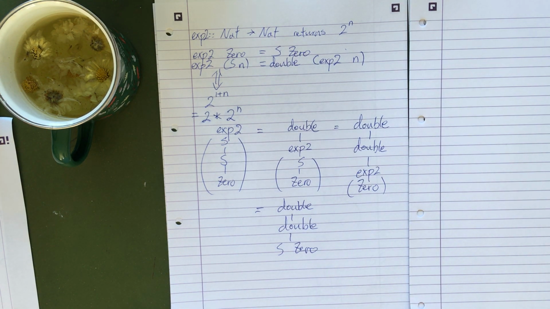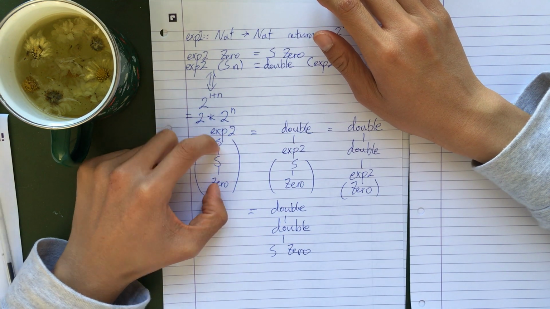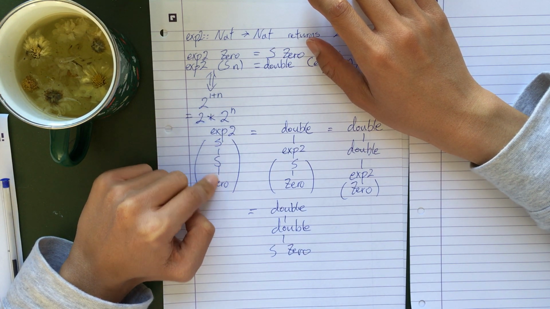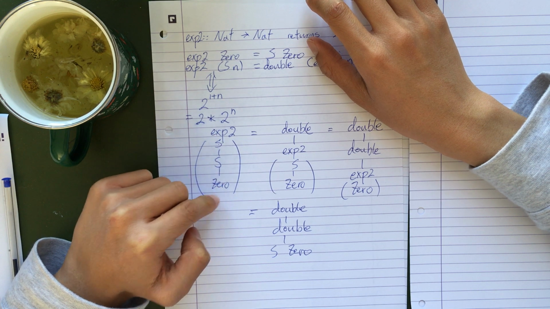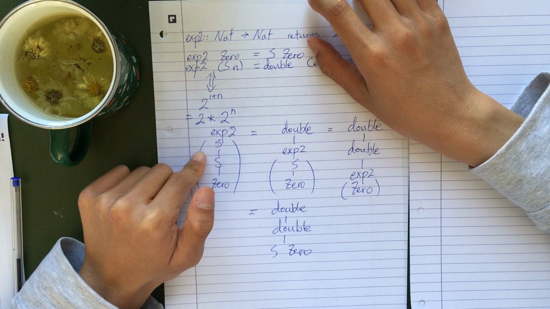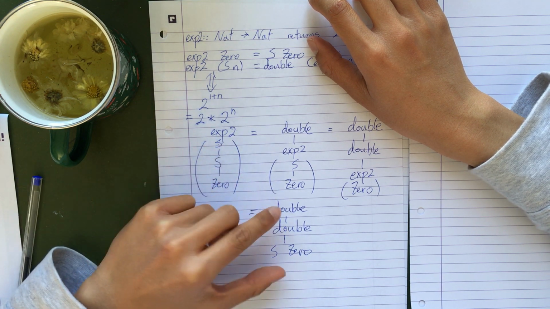At this point, we might be noticing a pattern, which is that the tree of our input has the same structure, the same number of layers, as the tree of our output. And it always follows this idea of replacing s with something else.